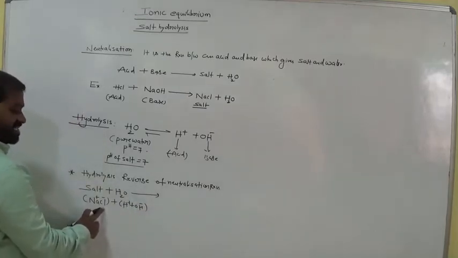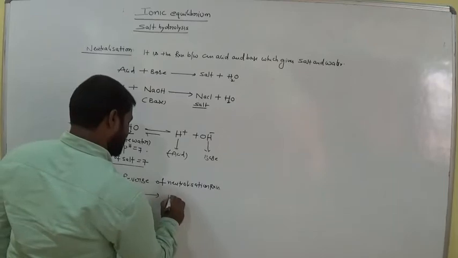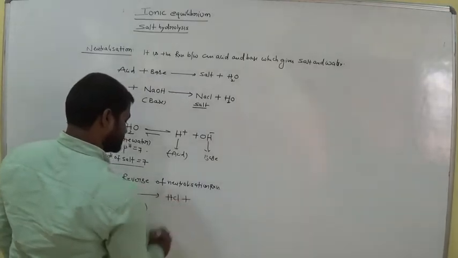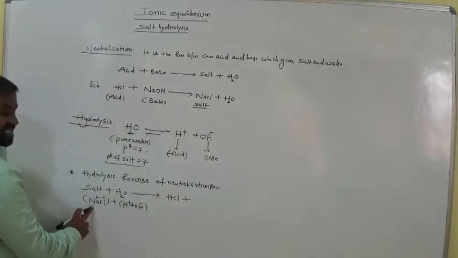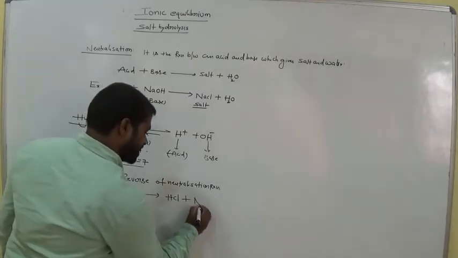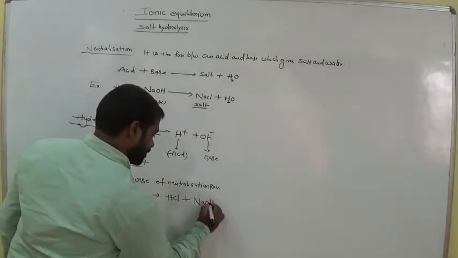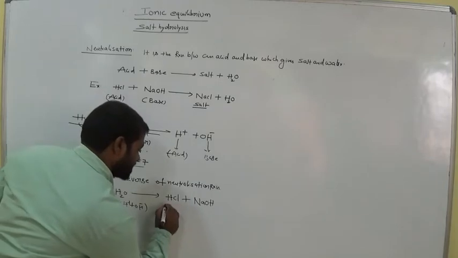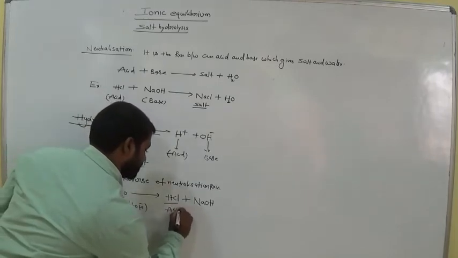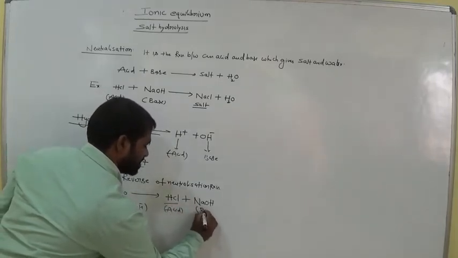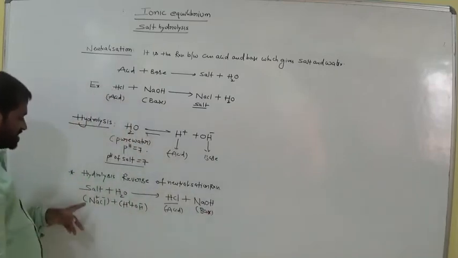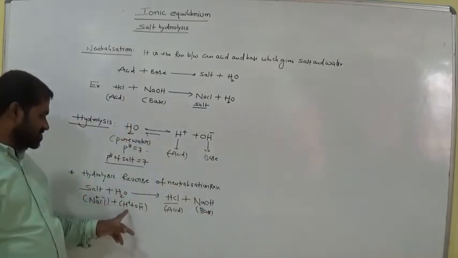H plus and Cl minus gives HCl. And here OH minus and Na plus give NaOH, clear? Now this is acid, and this is base, clear? Now this is salt, NaCl, this is water.